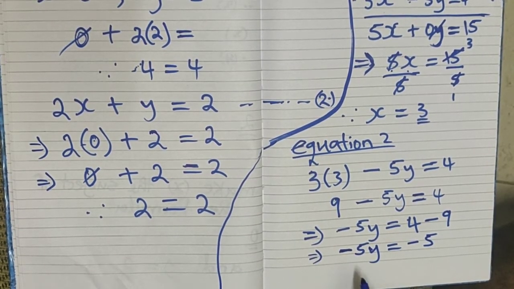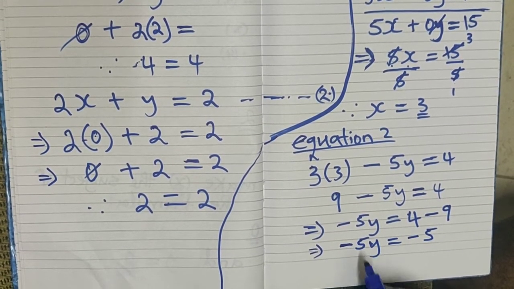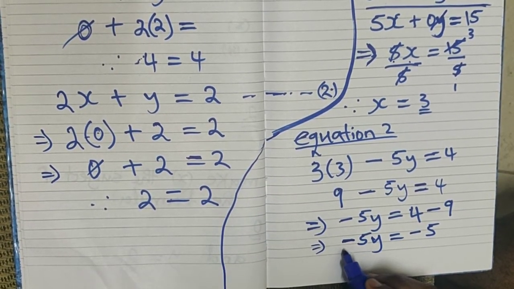Now, to find y, we divide both sides by the coefficient of y, which is negative 5.